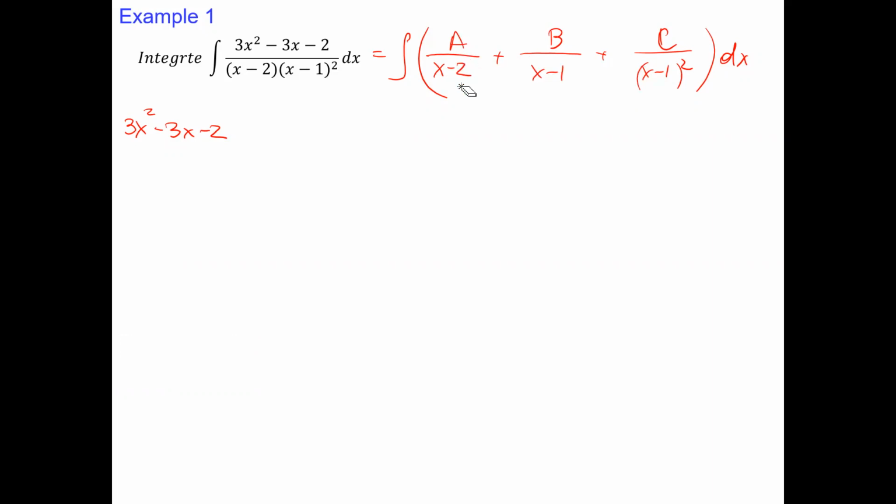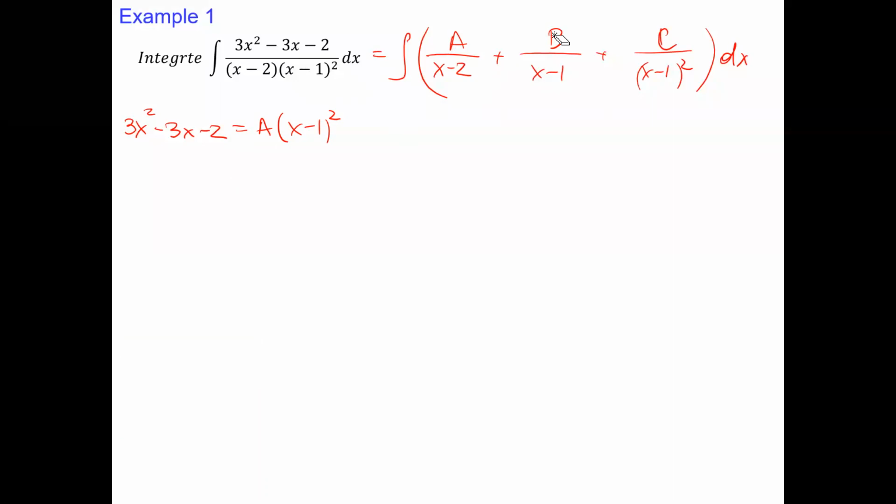So let's think. The first fraction has x minus 2 only, which means x minus 1 squared is missing. I have to multiply the numerator and denominator, and we are taking care of the numerator. I will multiply A by x minus 1 squared, because this part is missing.